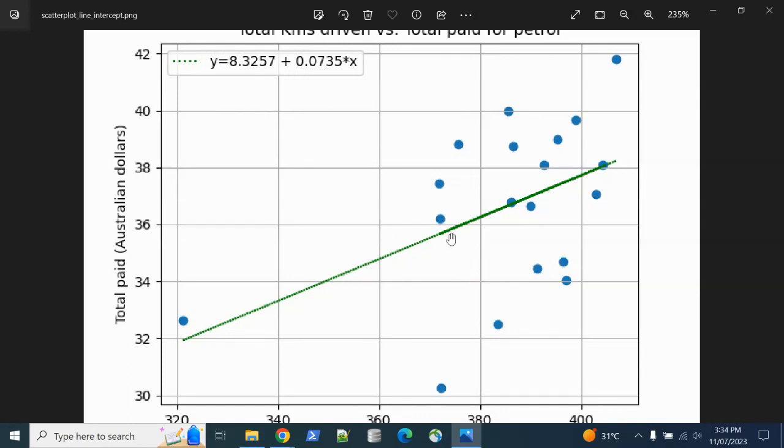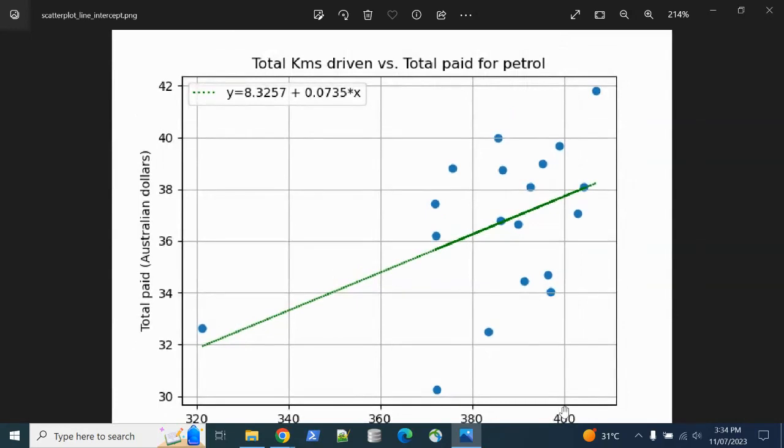So the straight line basically forms the basis of our prediction. So we can then ask, if we travel for 400 kilometers, how much dollar should we spend or will we spend?